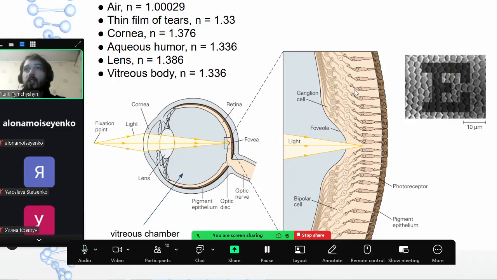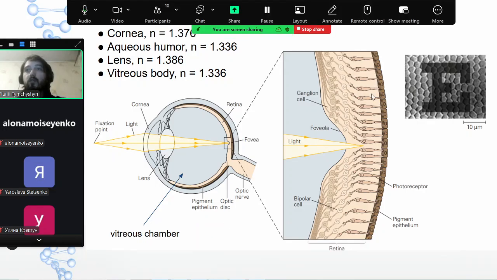Here you see once again this scheme a little bit enlarged. Here you see the photoreceptors. We will get into a little bit more detail in a moment. And here you see different other cells that help to get all these signals from the photoreceptors, even integrate that information a little bit, and then send it to the brain.